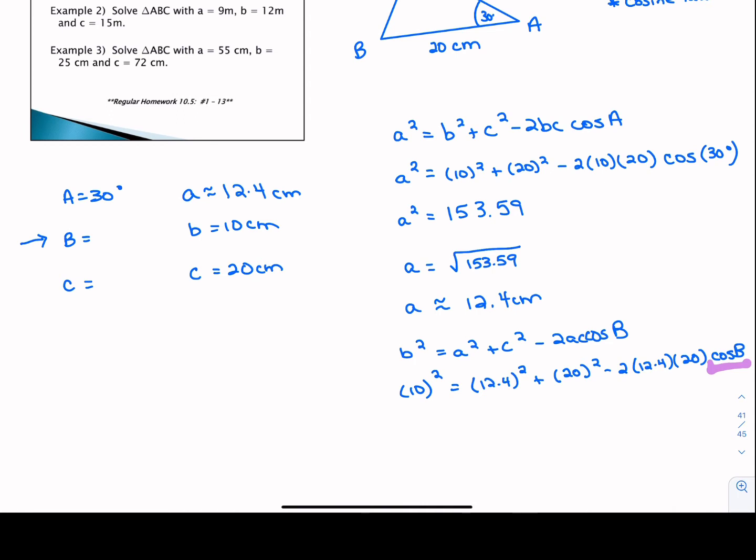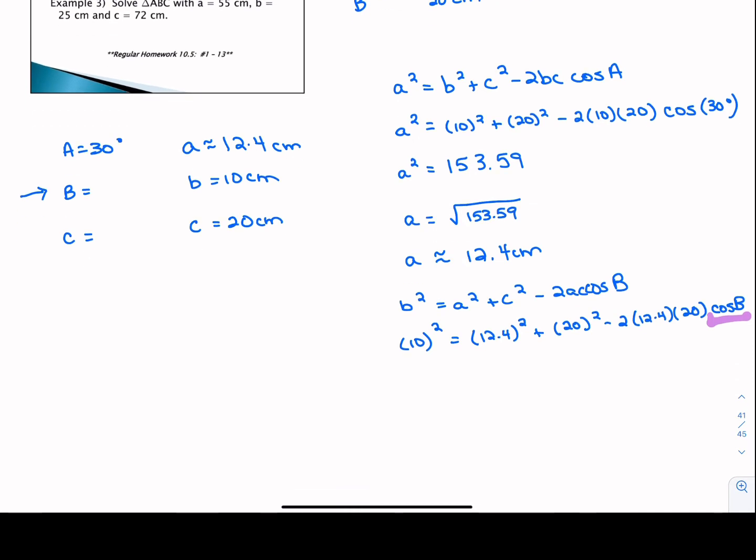So let's take a look at how we can manipulate this equation. Some students like to work some of these values out in advance, and you're welcome to do that, of course. But I'm going to show you how to manipulate this equation and solve for the cosine of B. So if I want everything shifted to the left with the exception of cosine B, the first step I'm going to take is to subtract 12.4 squared from both sides, and I'm going to subtract 20 squared from both sides.